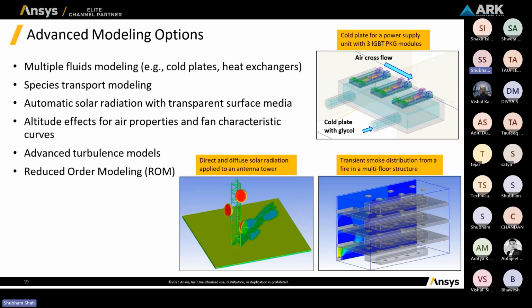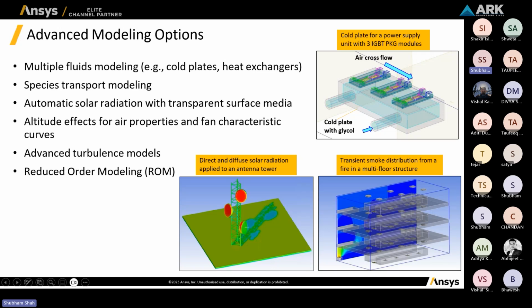Now coming towards the advanced modeling options. When we talk about the advanced modeling options, that is basically the multiple fluid modeling. That is nothing but your multi-phase flows, right? So on the right hand side, top, you can see there is one geometry and your components are placed over the top.